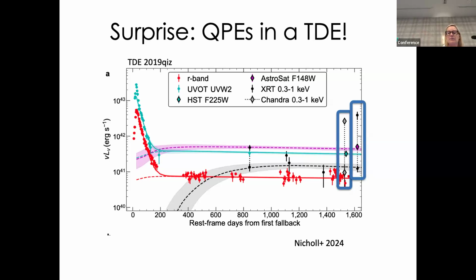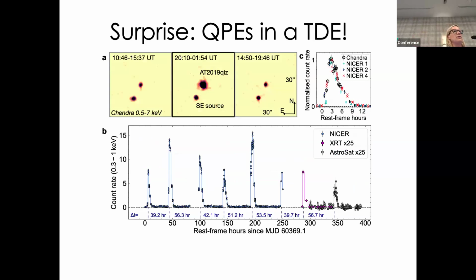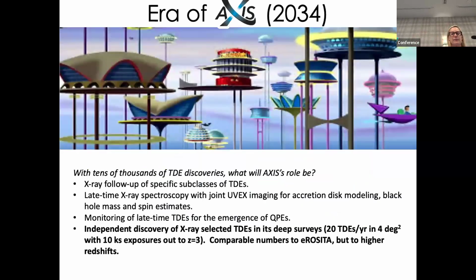And there have been subsequent other discoveries that you'll hear about. And shown here is just a zoom in on what these X-ray periodic eruptions look like. And again, this is something that AXIS could do.